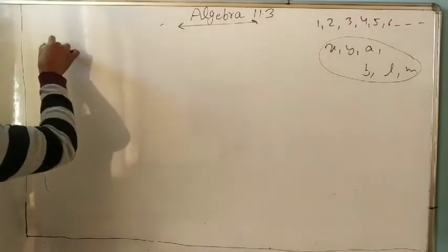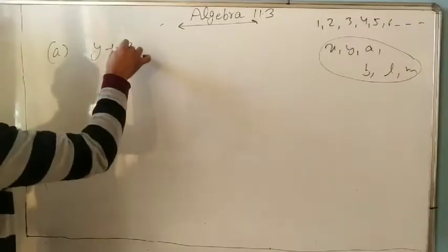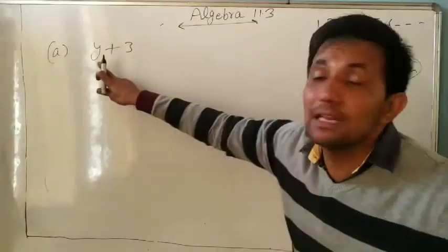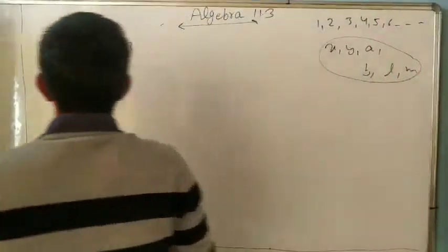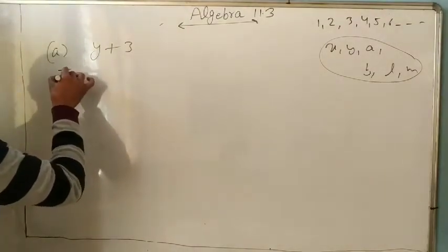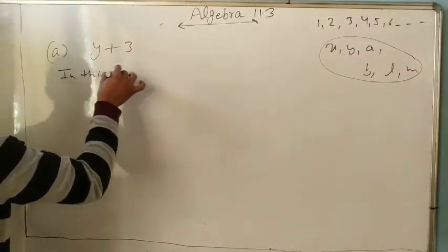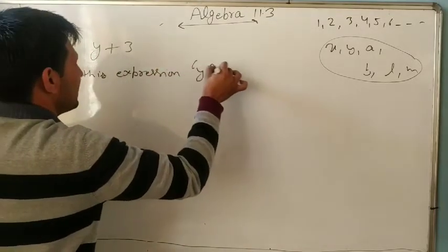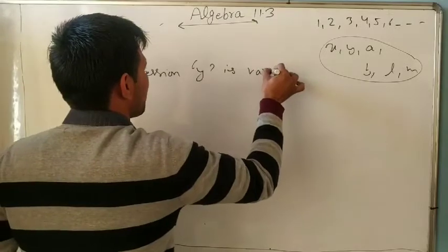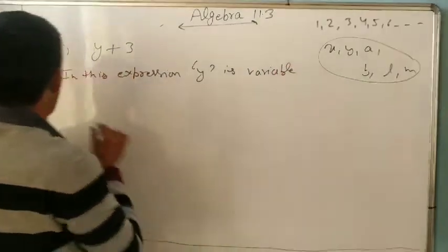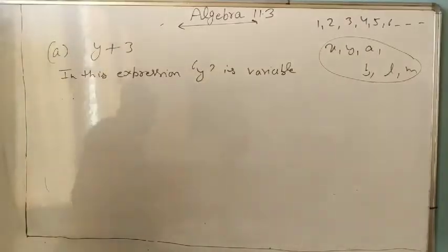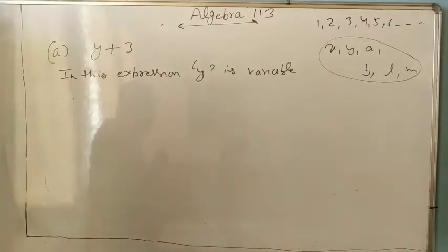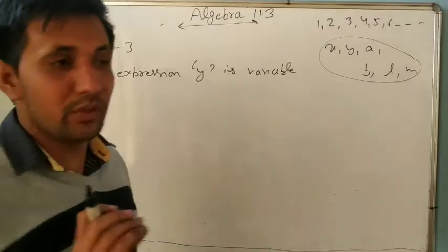First is y plus 3. In this expression, are there only numbers? No, y is also given. Y is a variable. The question asks which of the following are expressions with numbers only.